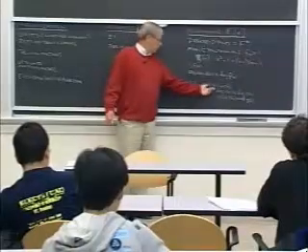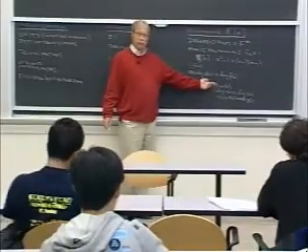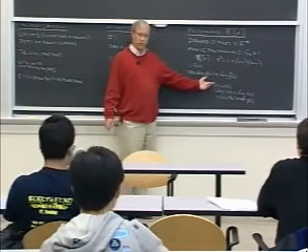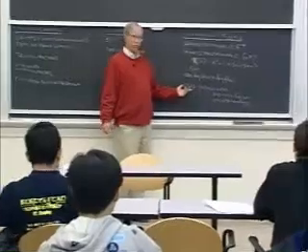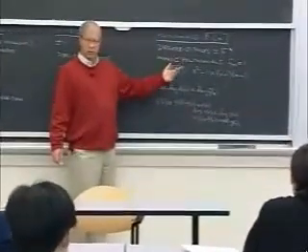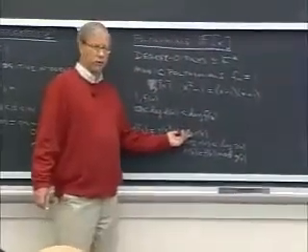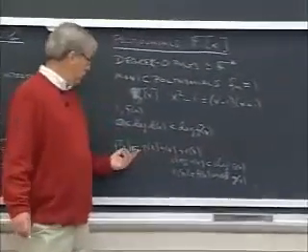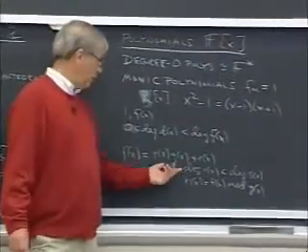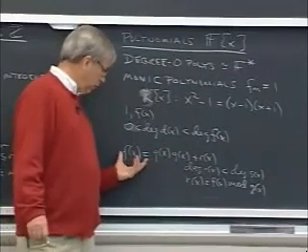You can always choose some scalar multiple of g of x such that f of x minus alpha g of x has degree less than f of x. So you pick the top term to reduce the degree. All right? Let's take g of x to be monic. We're only interested in monic polynomials. We're only going to divide into monic polynomials. But as we go along, we may get non-monic ones.